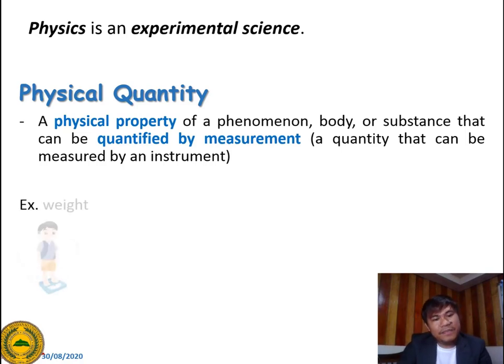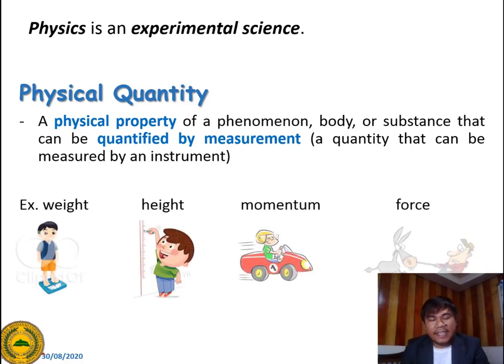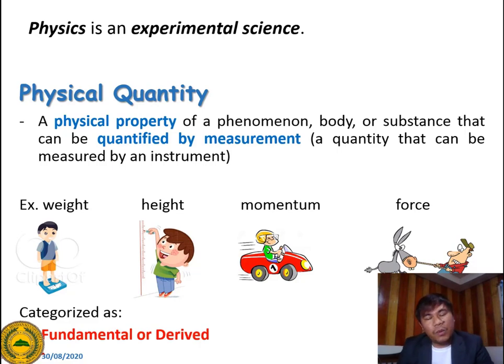Basically, you have your height, your weight, your momentum, and the forces. Describing a height, which is considered a physical phenomenon, is an example of a physical quantity. Physical quantities can be categorized as fundamental and derived quantities.